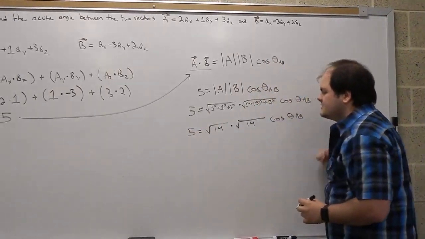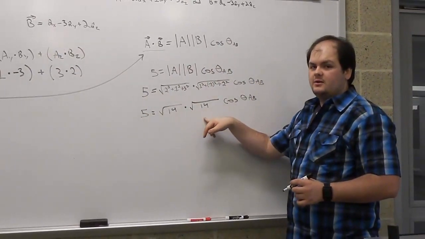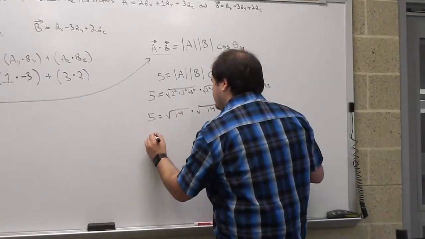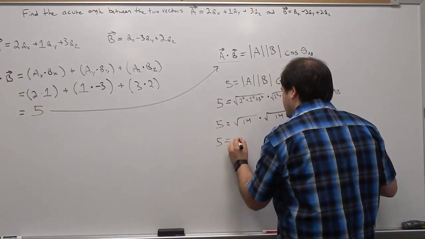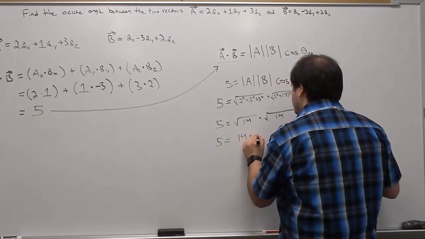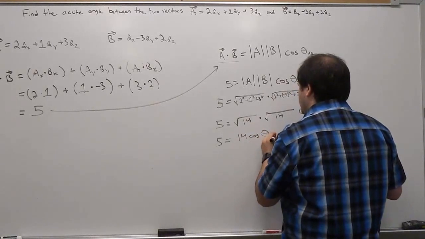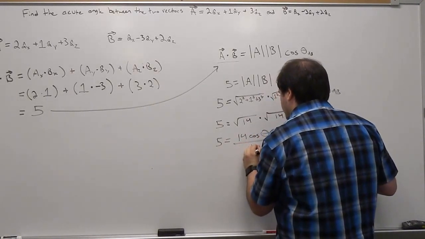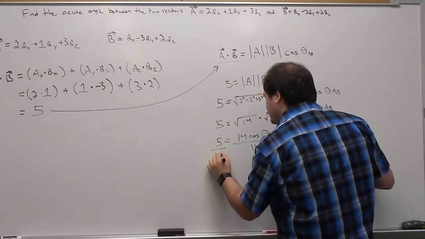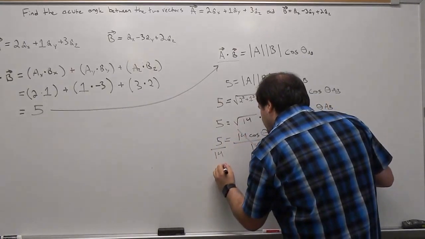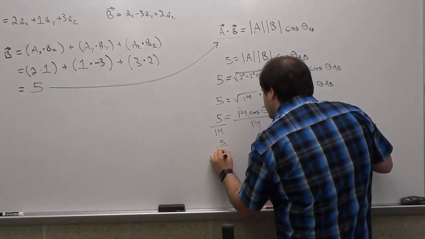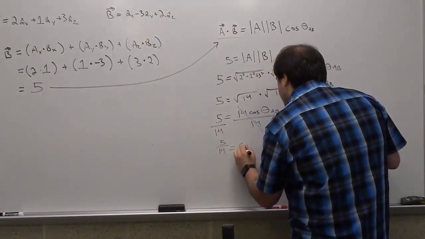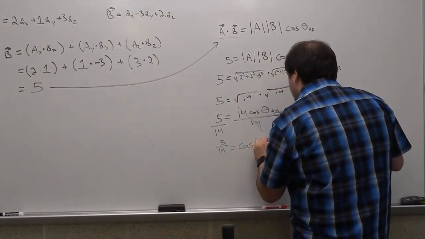And luckily for us, square root of 14 squared, pretty simple. So 5 is equal to 14 cosine theta AB. So if we divide by 14, we end up with 5 over 14 is equal to cosine theta AB.